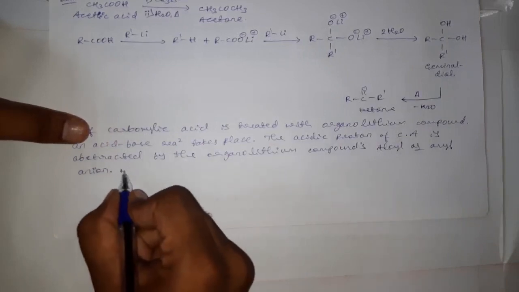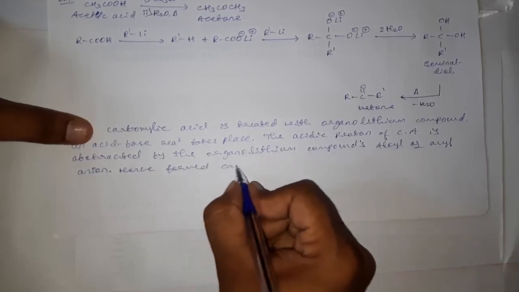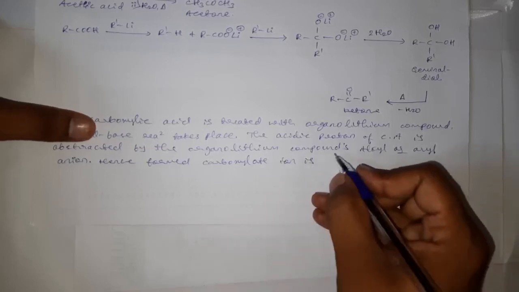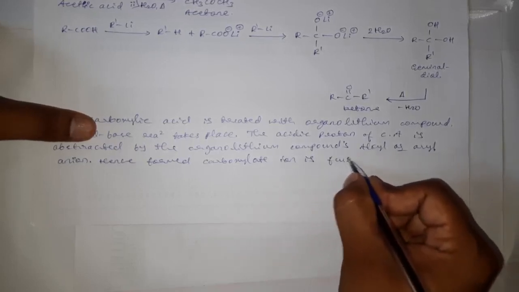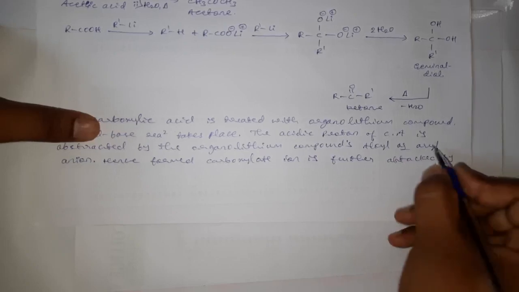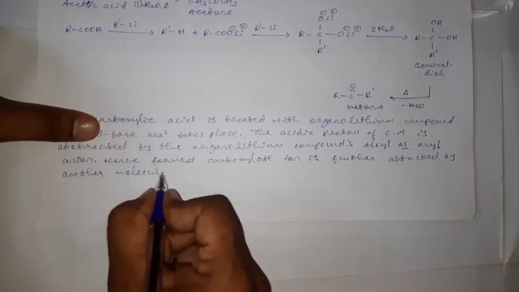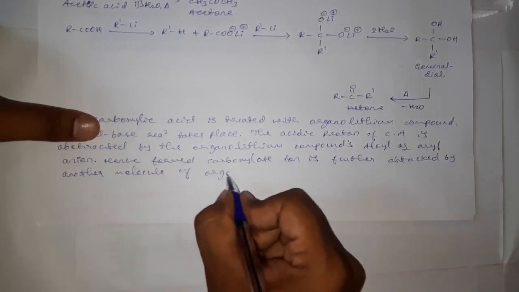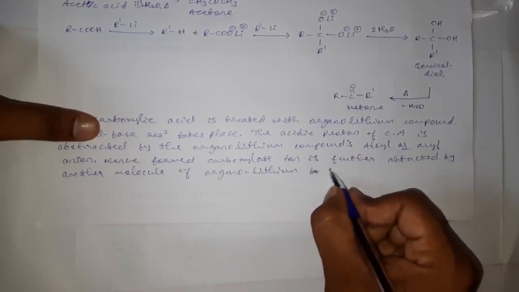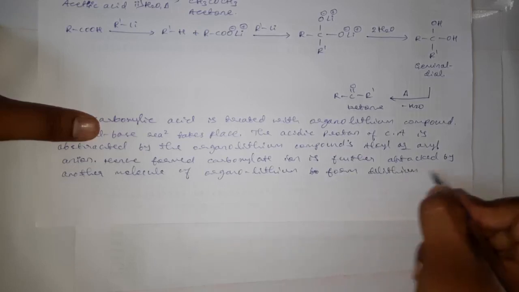Correct? Hence, this formed carboxylate ion is further attacked by another molecule of organolithium compound to form a dilithium salt.